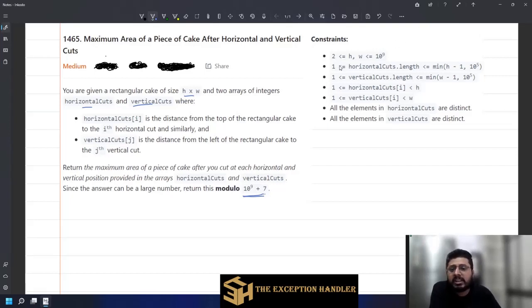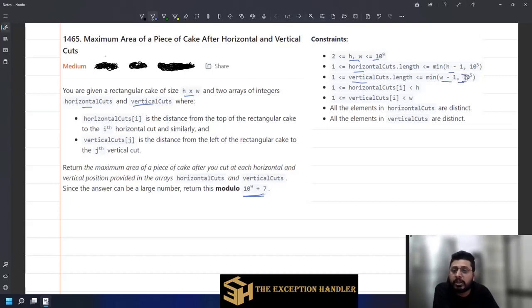The constraints mention that the height and width of the cake may vary from 2 to 10 to the power 9 units, and the number of horizontal or vertical cuts can be at most the minimum of height minus 1 or 10 to the power 5, or width minus 1 or 10 to the power 5, whichever is lesser.